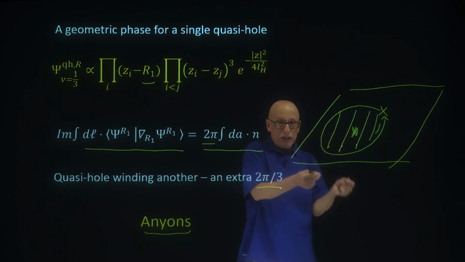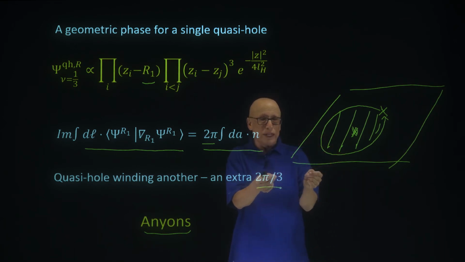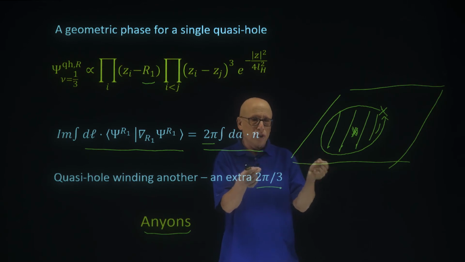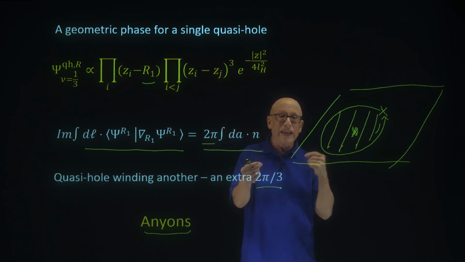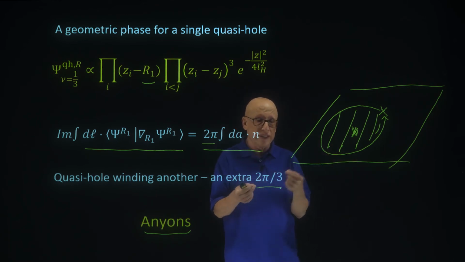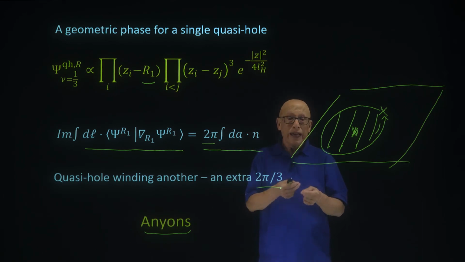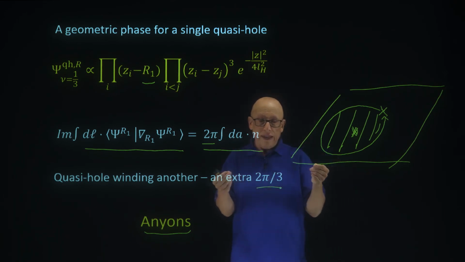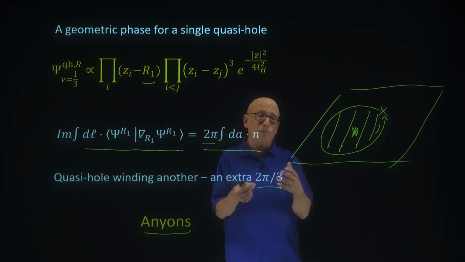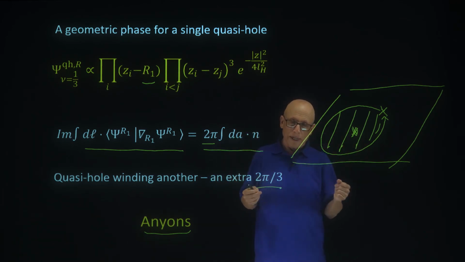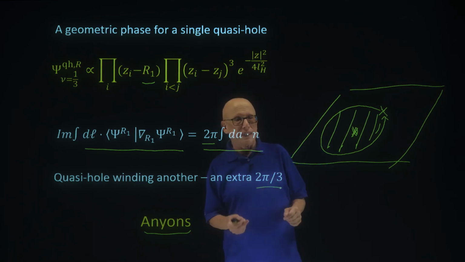So quasi-holes and quasi-particles as well in the fractional quantum Hall effect are anyons. They can have any quantum statistics with respect to one another, in contrast to what we know from fundamental quantum mechanics. Now, we can ask, what consequences does this have?